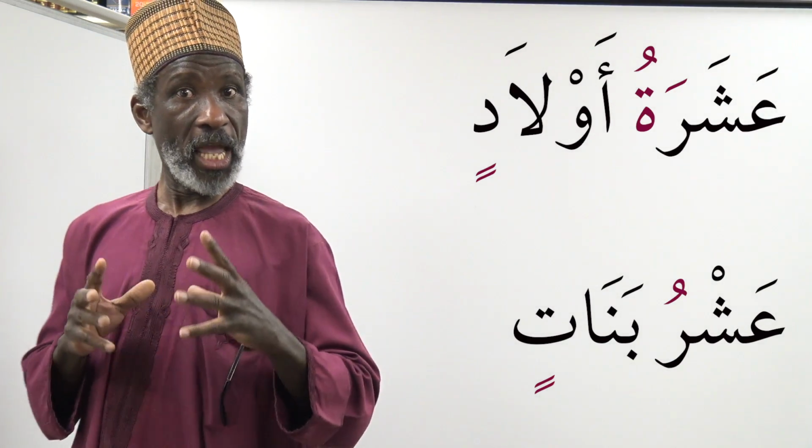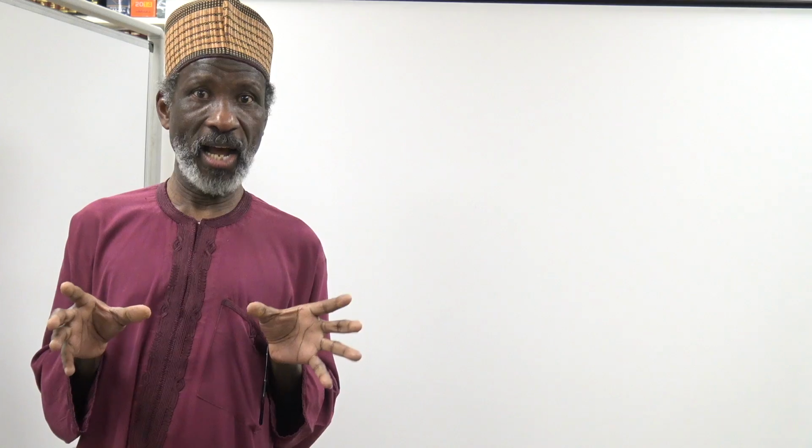But if number 10 happens to be part of another number, and that can happen when you are saying number 11, 12, 13, 14, 15, 16, 17, 18, and 19, that's when you can have number 10 again, but as a part of another number. That kind of structure is called al-a'dad al-murakkaba, meaning it is being combined with another number.